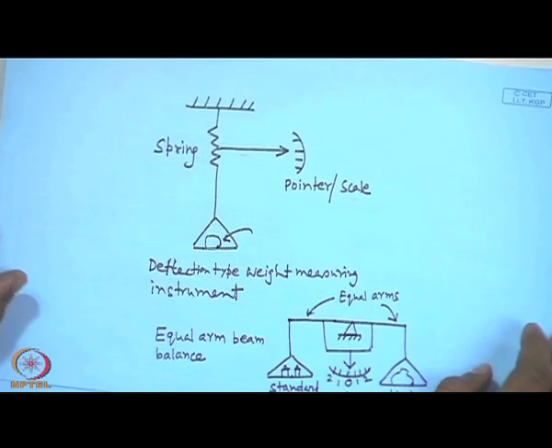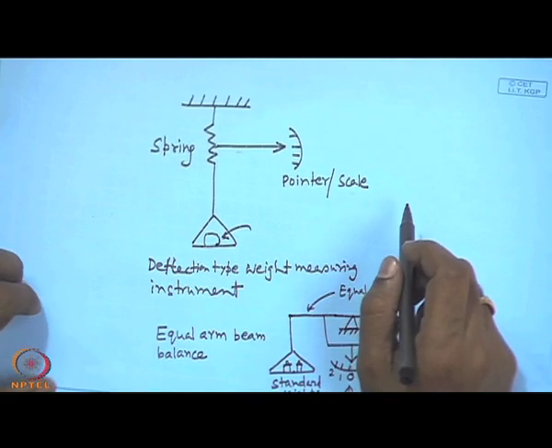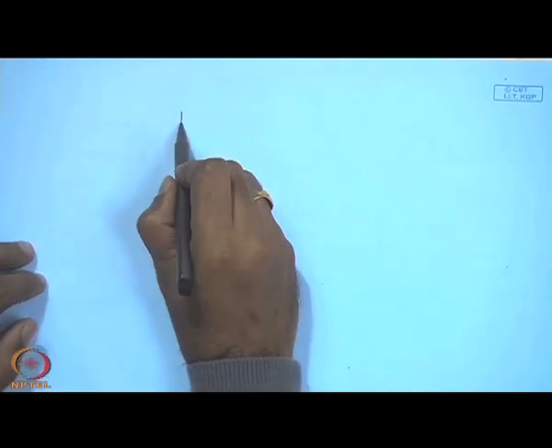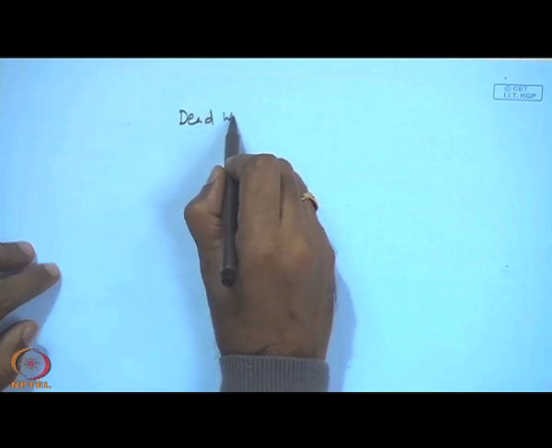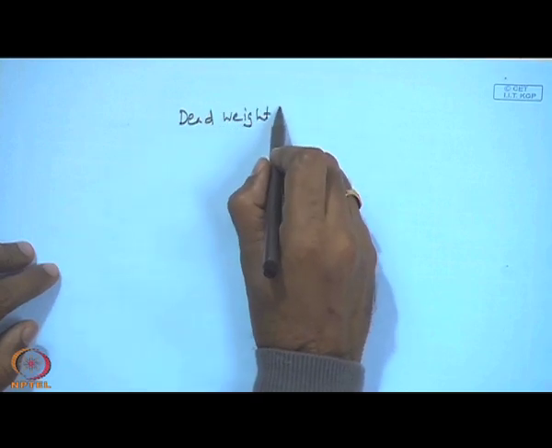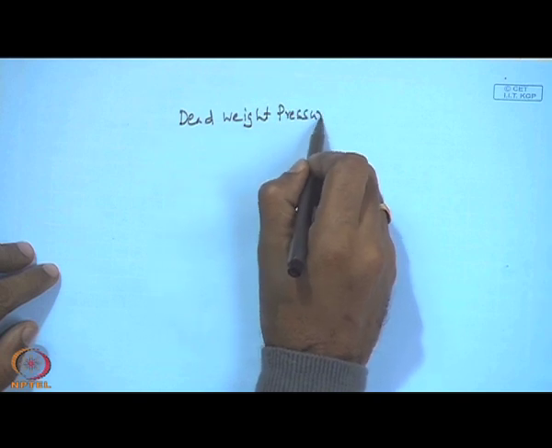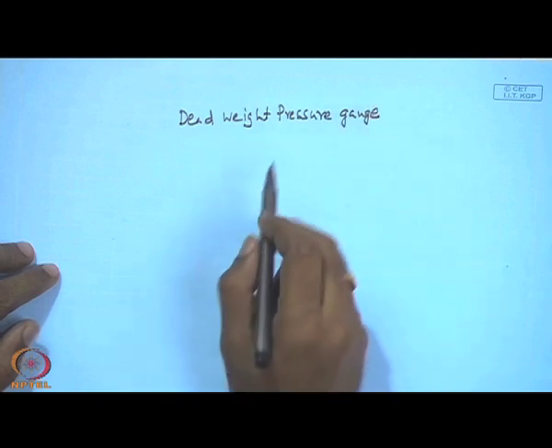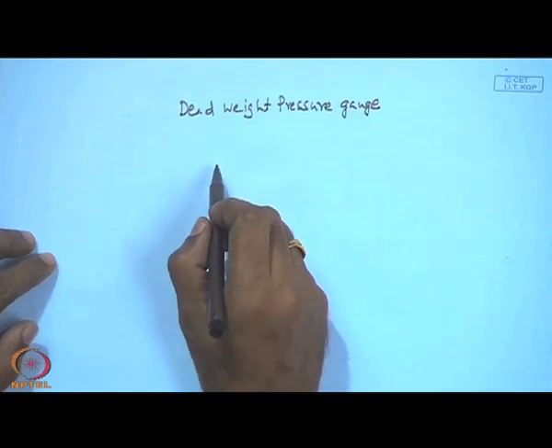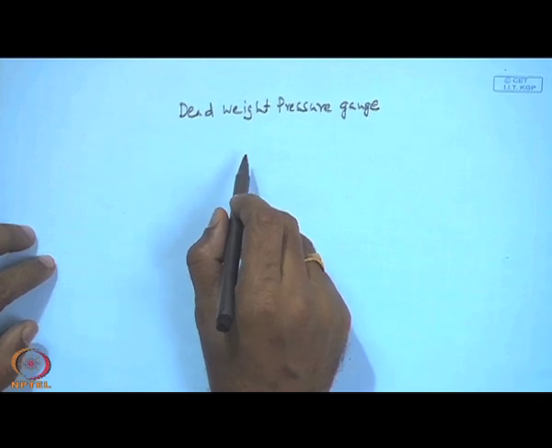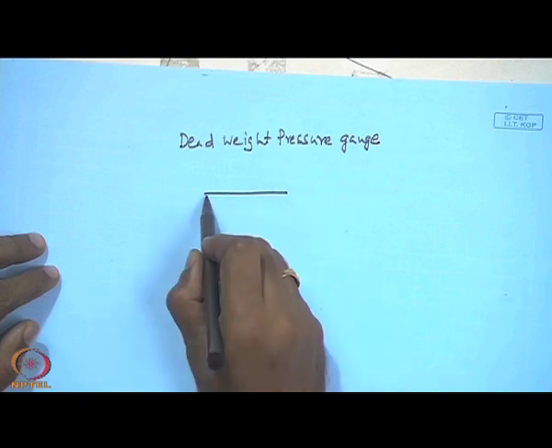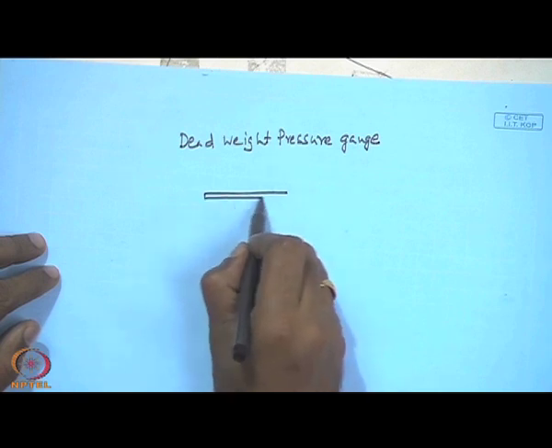Still another example can be a dead weight pressure gauge. Let us draw a simple diagram for dead weight pressure gauge. You have a platform.